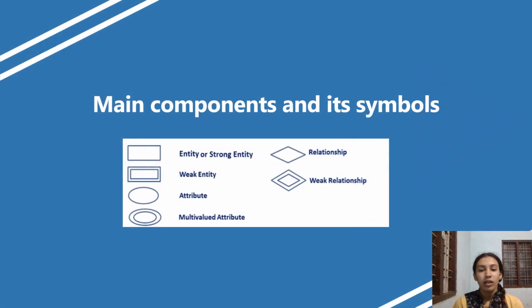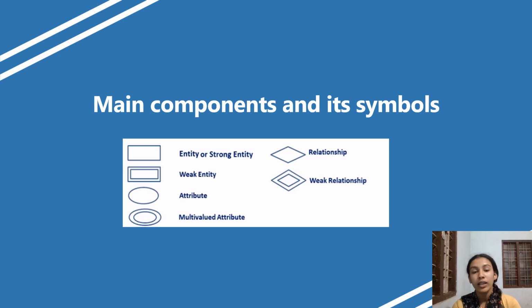And here are some main components and their symbols when we draw an ER diagram. All the entities which are strong can be represented using a rectangular shape, and a weak entity can be represented using a double rectangular shape. So what is a strong entity and a weak entity? A strong entity means an entity which has a key attribute, and a weak entity, on the opposite hand, doesn't have a key attribute.